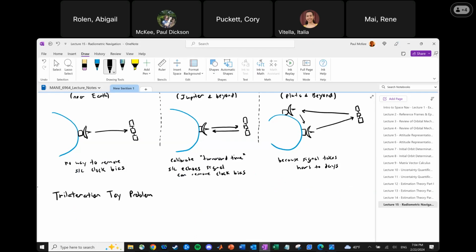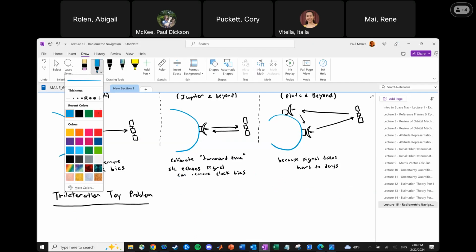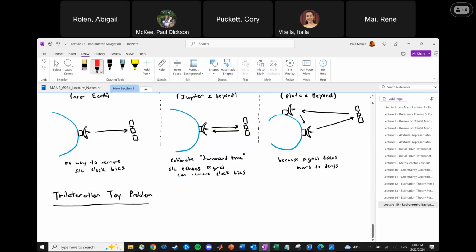So I wanted us to think through, as navigators, how we would solve a trilateration problem, but I want to make abundantly clear in the red text, this is not what is actually done. This is closer to a thought experiment or just an example, right? We'll actually go into a little bit more detail on what's actually done next class.